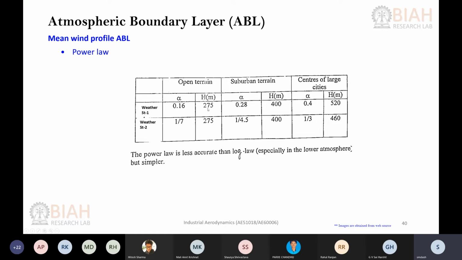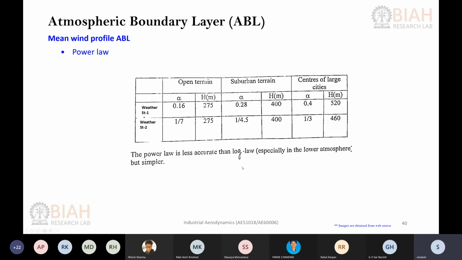Okay, and in that case your h, which is the gradient height, is small here, 275. But as you go to rough terrain conditions like suburban or city center, you can see that the alpha values are also increasing, as well as your gradient height. Okay, so this information is experimentally obtained.